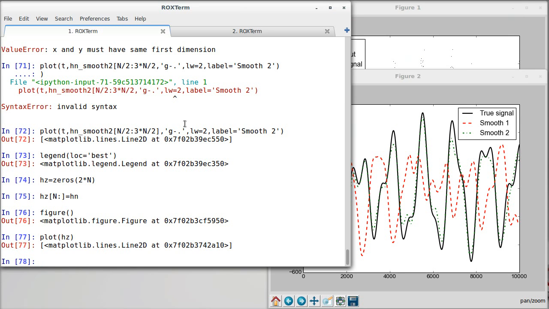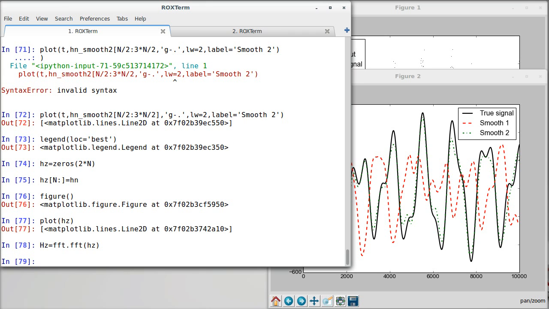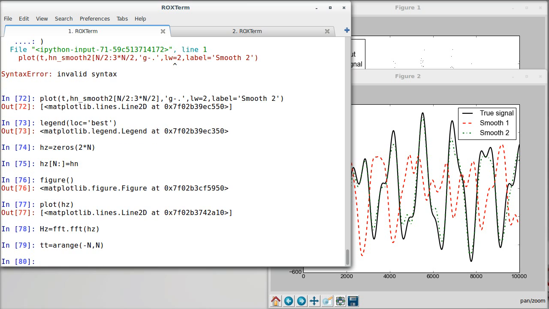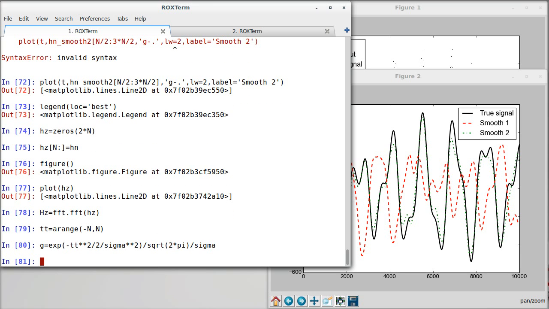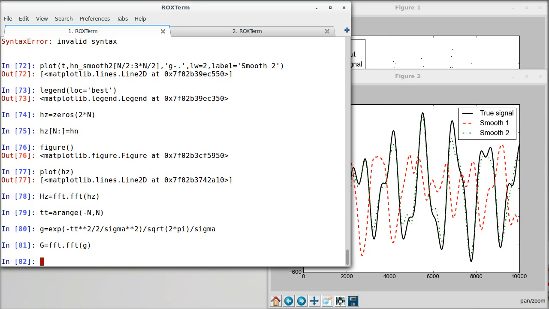Now we Fourier transform this hz, take the Fourier transform of little hz. Let's construct a new Gaussian. We want to construct our Gaussian over the same range. We don't really need to, but let's do it anyway. Let's Fourier transform that.